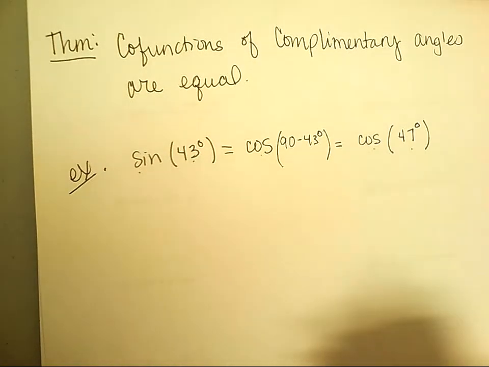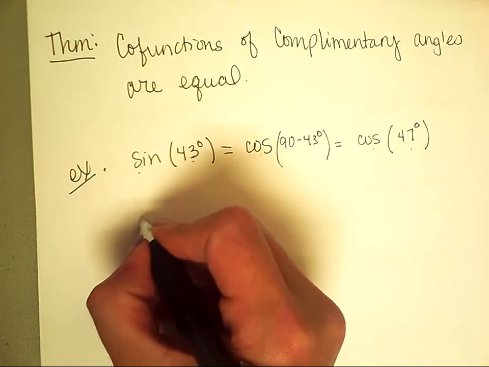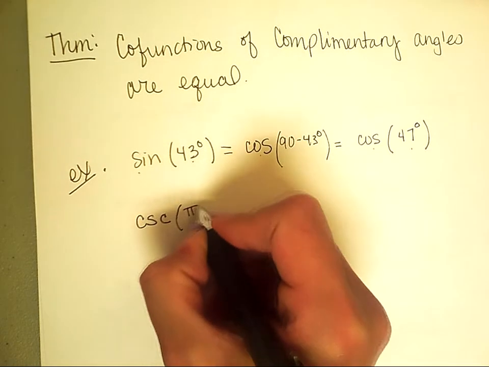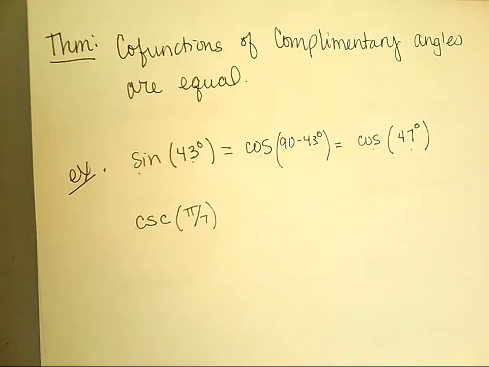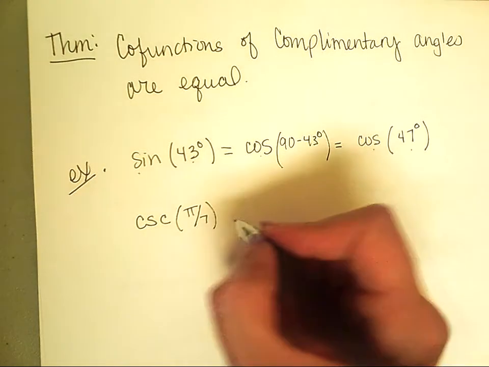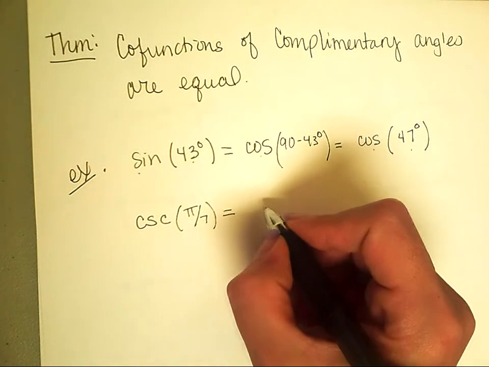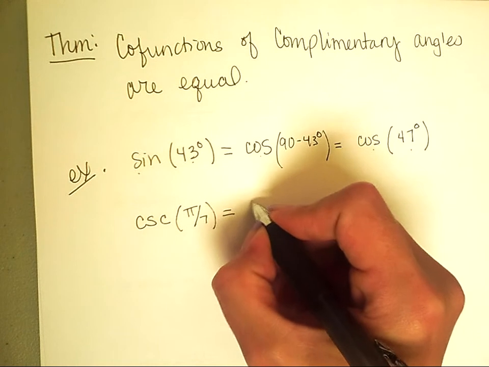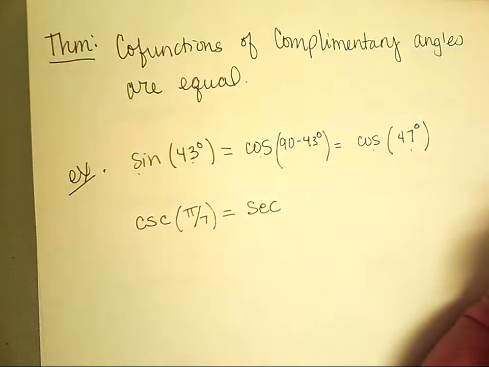Now these are in degrees. I, of course, can do it in a different way. I could look at the cosecant of pi over 7. Well, that has to be equal to its cofunction. So the cofunction to cosecant is secant.